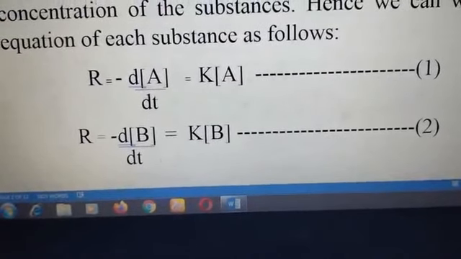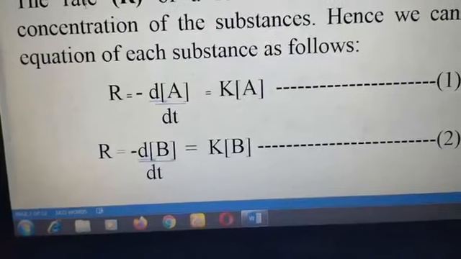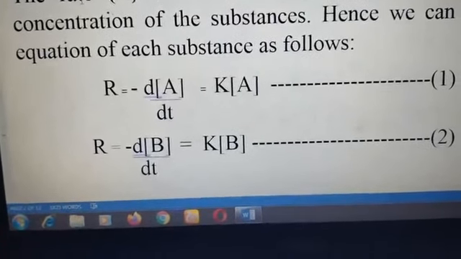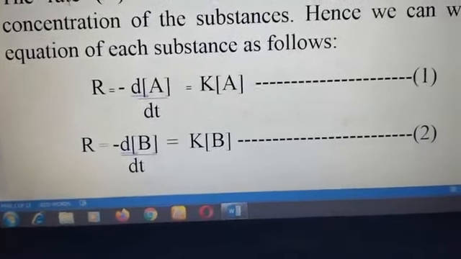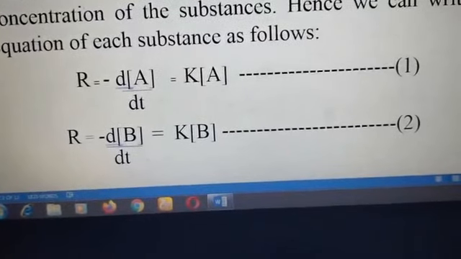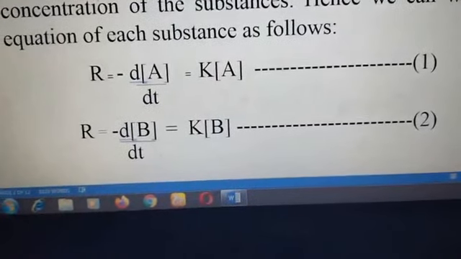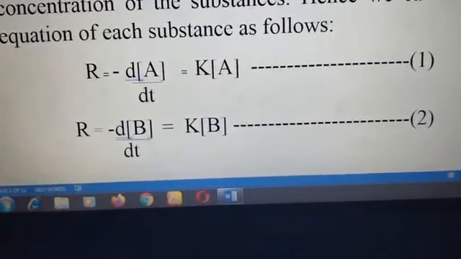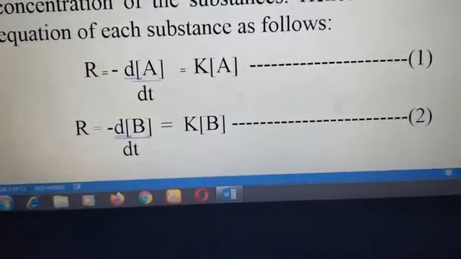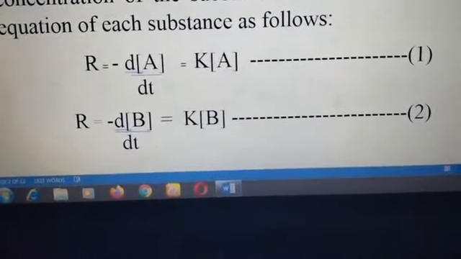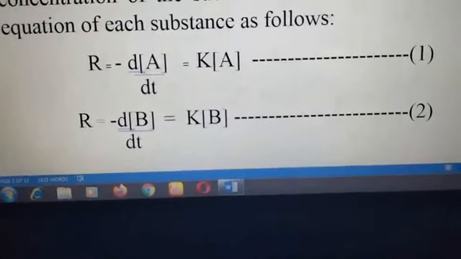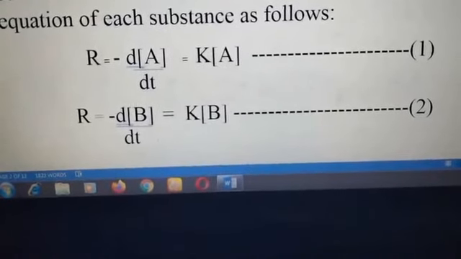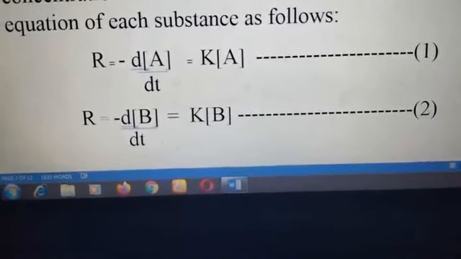Now, why do the equations bear a negative sign in front of the change sign, d? You have minus for these two equations written for reactant A and reactant B because the reactants are being depleted as the reaction progresses. So as the reaction continues, the reactants start vanishing, they're being used up.